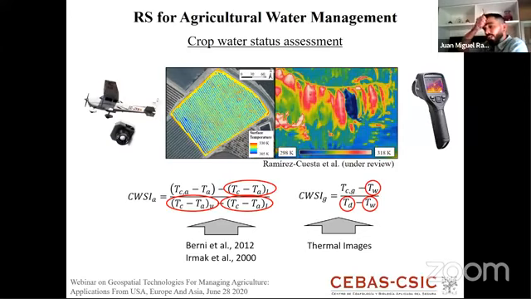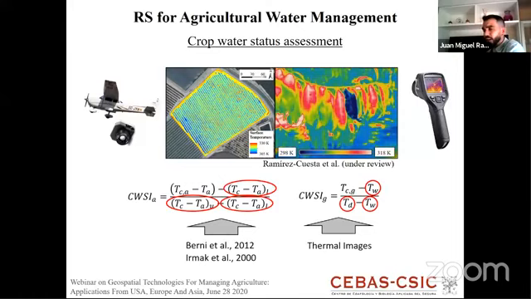Additionally, in one of these plots, the crop water stress index calculated from ground measurements was compared with that derived from the airborne thermal images. As can be seen in the equation for the computation of crop water stress index from the aircraft, two thresholds were needed.